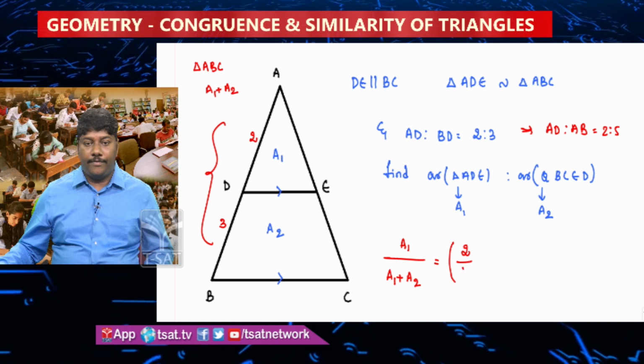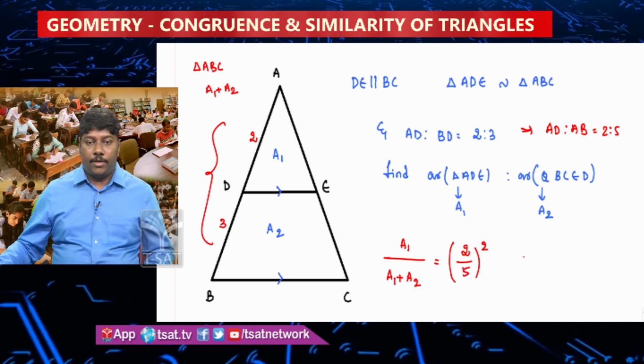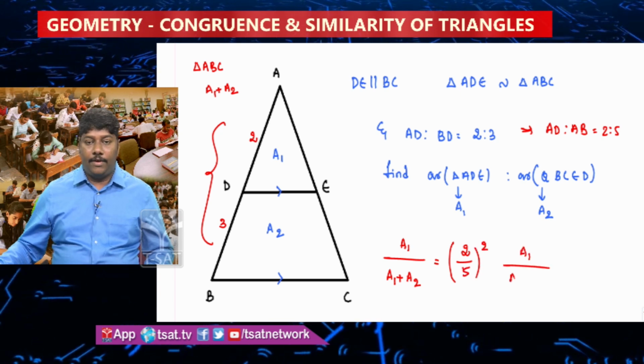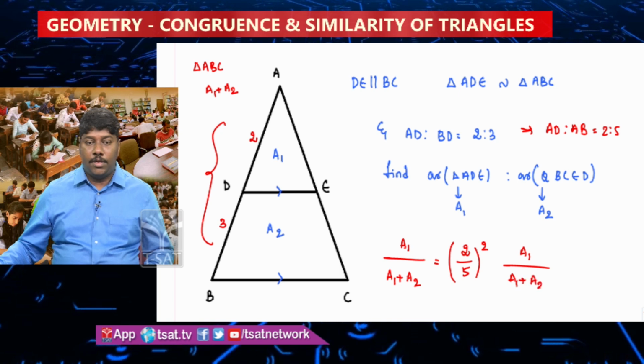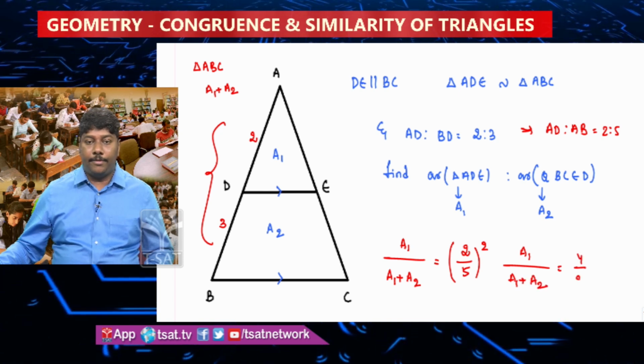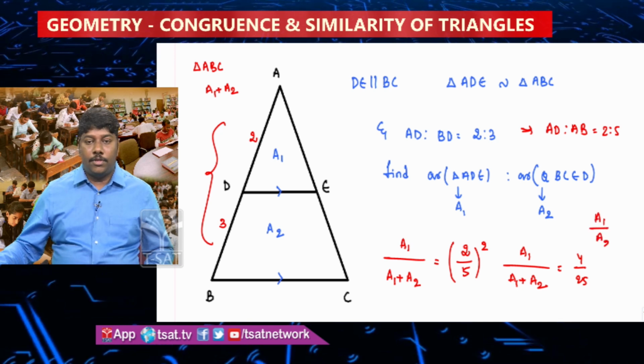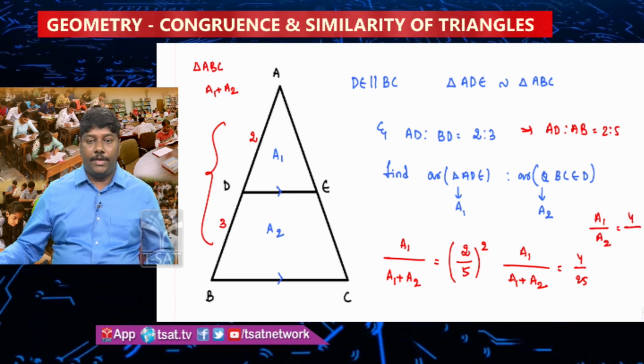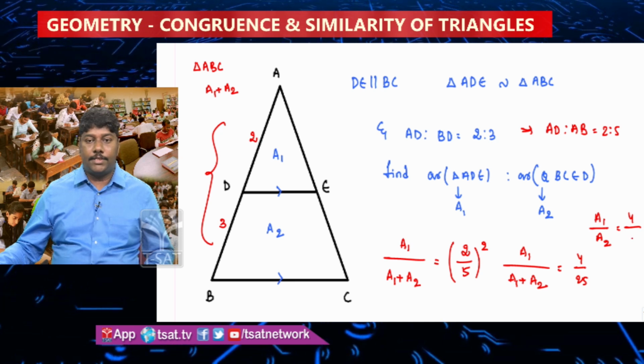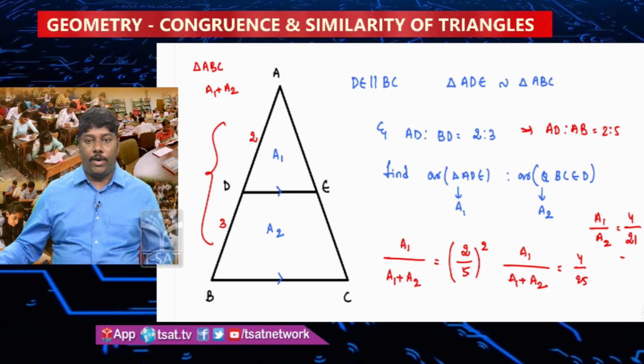So this is 2 by 5 whole square. Now area 1 by area 1 plus area 2 is equal to 4 by 25. But I am looking for area 1 by area 2. So this is 4 parts. Out of 25 parts you take out 4 parts. It becomes 21.